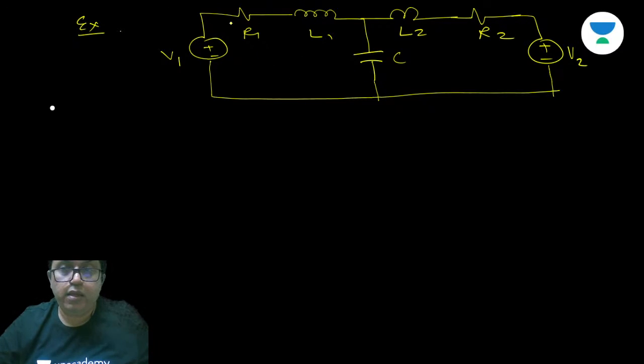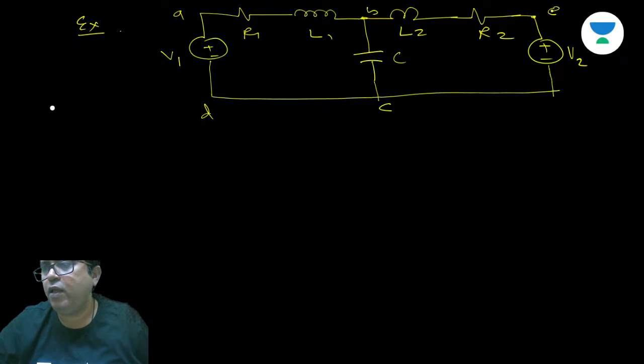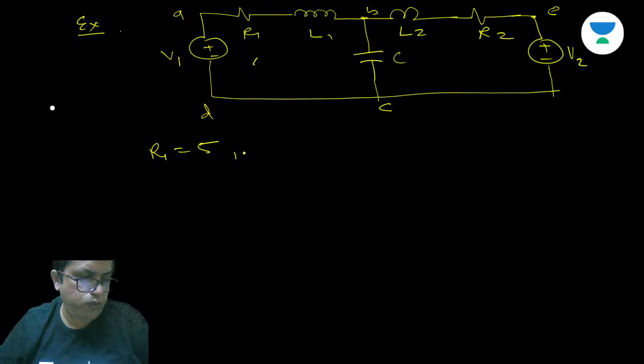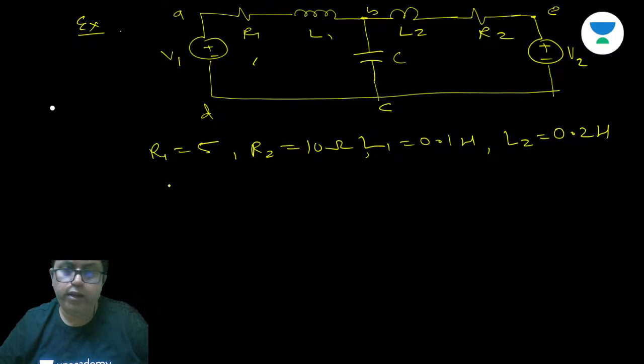Okay, so this is equal to A, part B, this is C, D, this is E. Okay, what is given that R1 equal to 5, R2 equal to 10 ohms, L1 is equal to 0.1 Henry, L2 is equal to 0.2 Henry, C is equal to 100 microfarad.